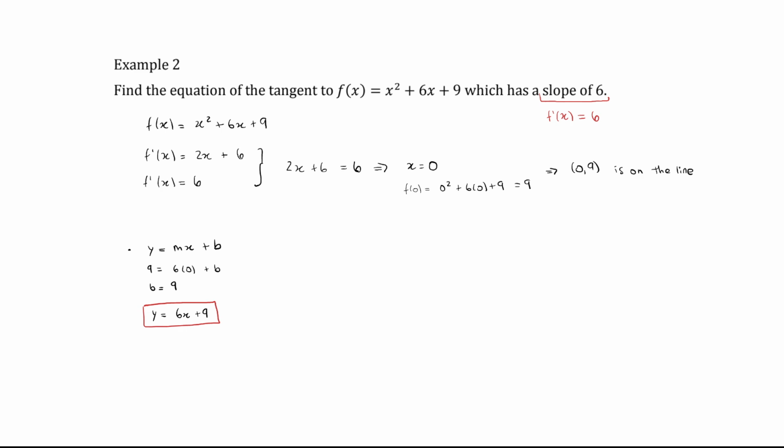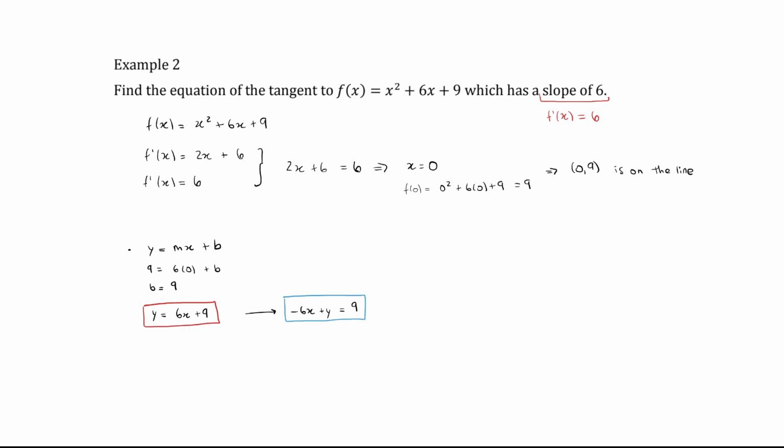All I have to do is to, again, rewrite this equation so that x and y are on the left-hand side and the constant is on the right-hand side. Doing just that, I am going to have negative 6x plus y is equal to 9. And this is the equation of the tangent line in standard form.